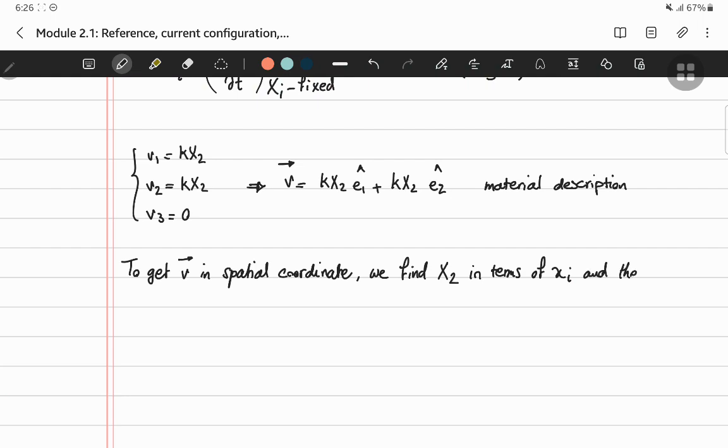And then substitute it for X2 in, let's say, the double star.